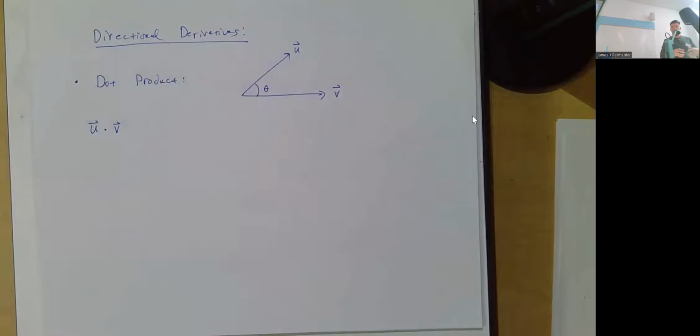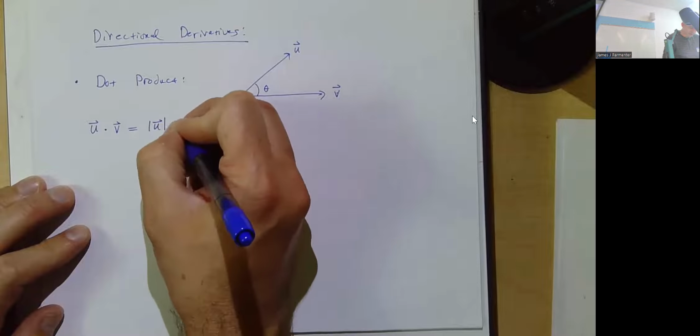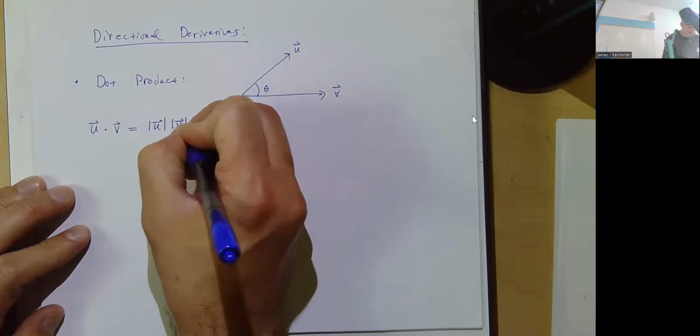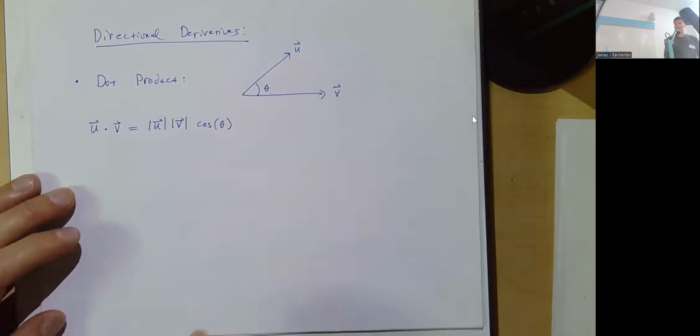There really is no regular vector multiplication. It is the vector u dotted with the vector v is equal to the length of u times the length of v times the cosine of the angle between the two vectors.